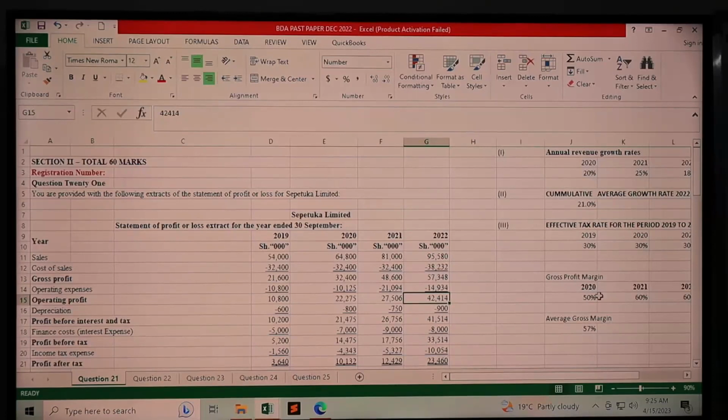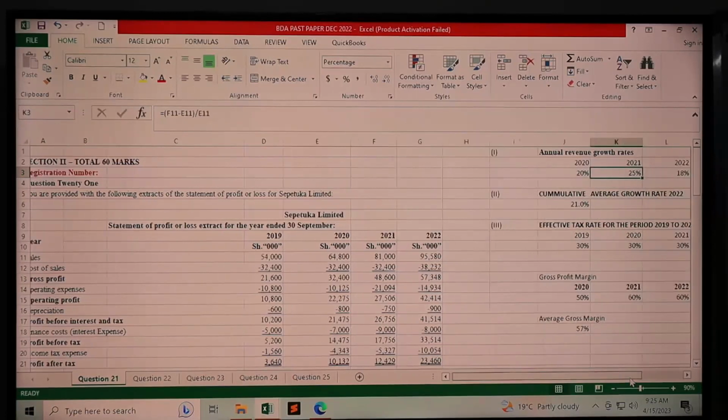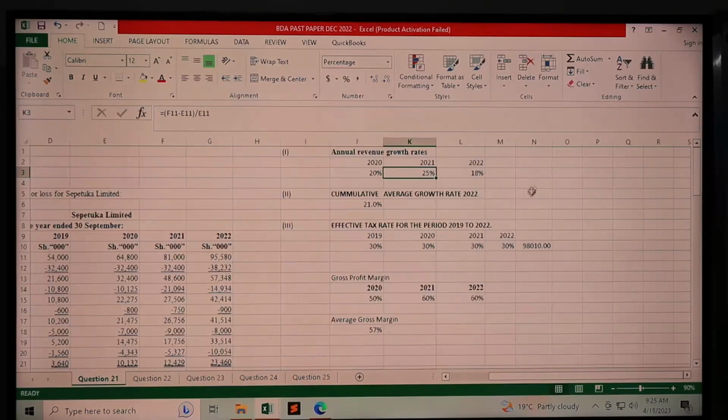Sometimes you can even say it decreased by how much? From 2021 to 2022, it decreased by how many percentage? You can check. It decreased by 7%. So that is the interpretation of that.